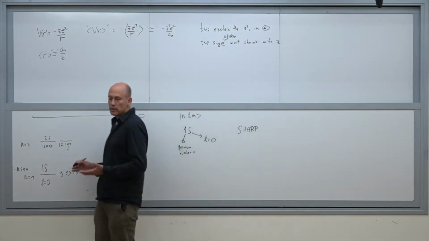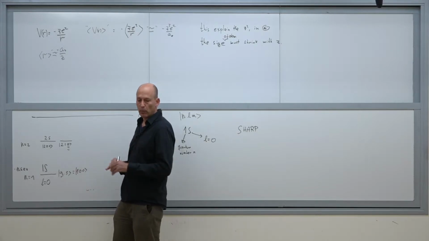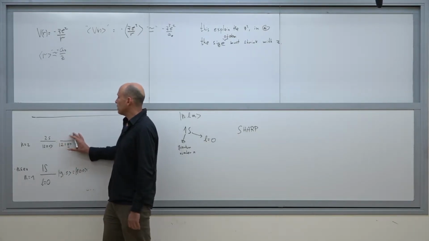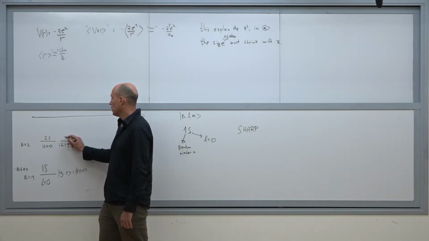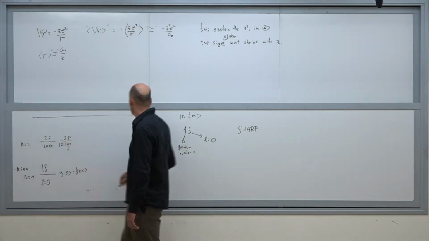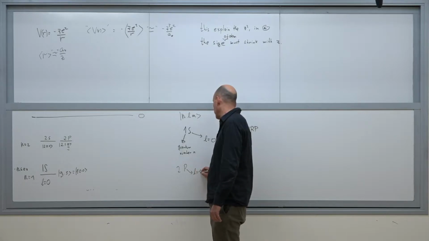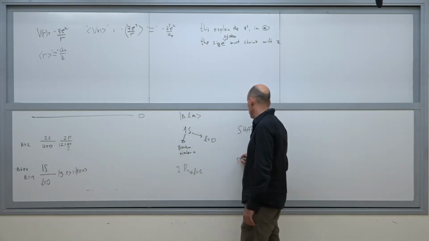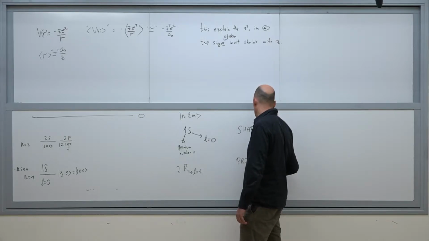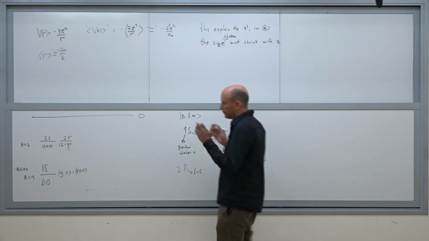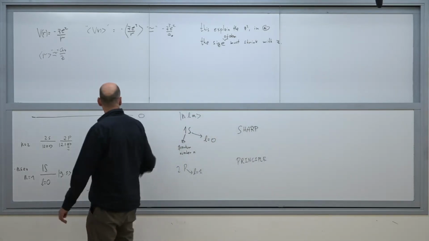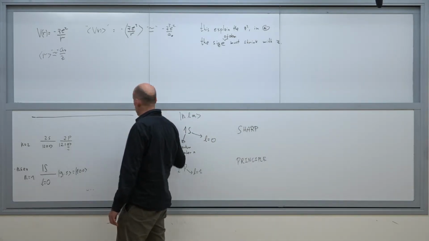If there is no external perturbation, from an experimental point of view these energy levels are degenerate, so you cannot distinguish them. We're going to call them 2p. The p stands for L equals 1, and this is called principal. Again, I don't know why. It's like some jargon.